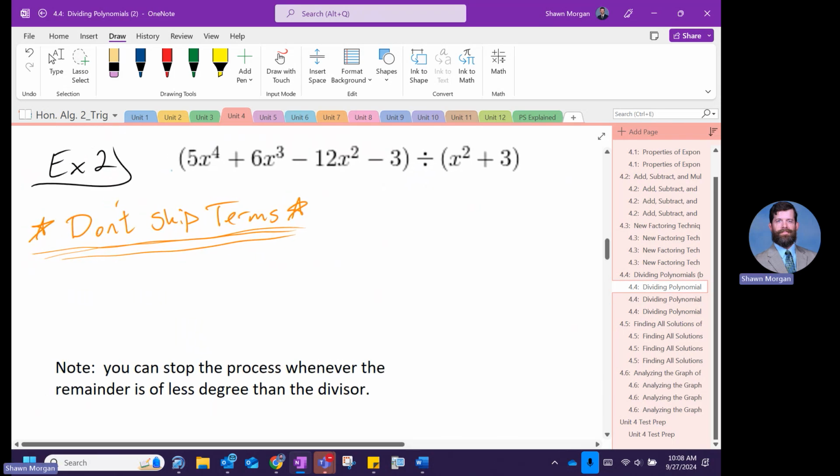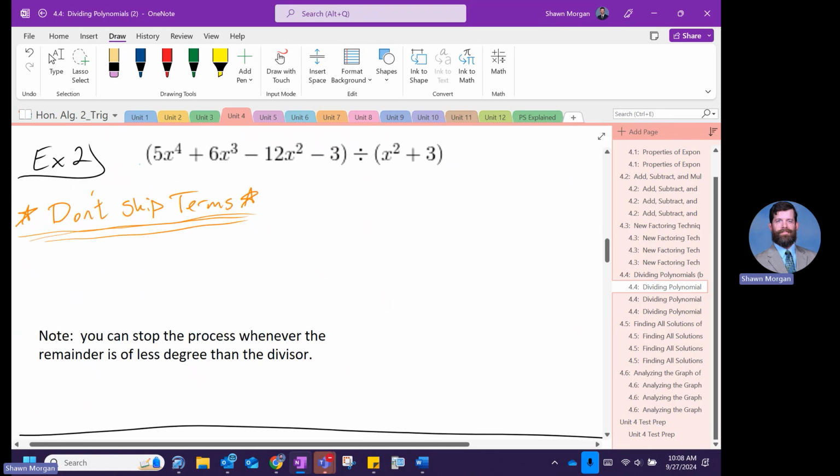Here we go. And what's my admonition for us in orange? Don't skip terms. Did I skip any terms? Yeah, I sure did. Which term? Good, that's the linear term. So instead of skipping a term, very good, Franklin, we can put in a little 0x.